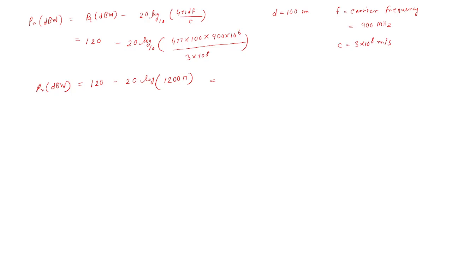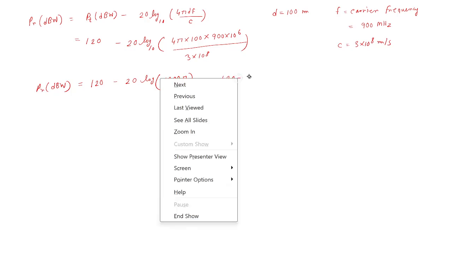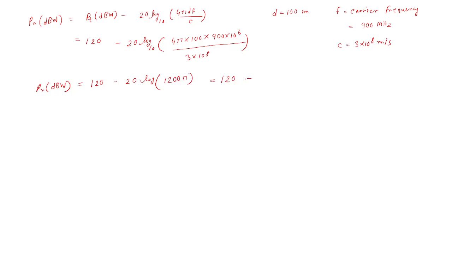The value comes out to be, after rounding up to 2 decimal, 71.53. 120 minus 71.53, which results into 48.47 dB watt.